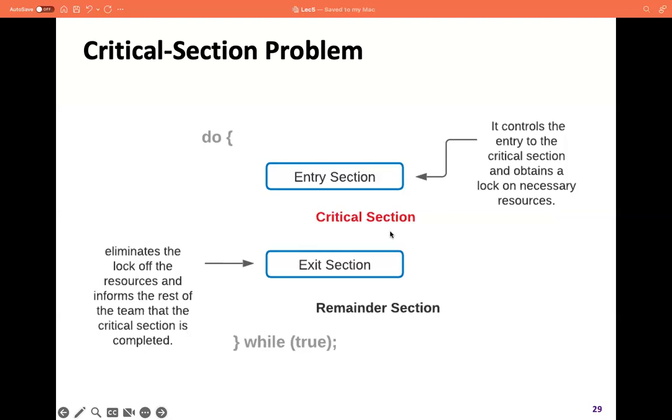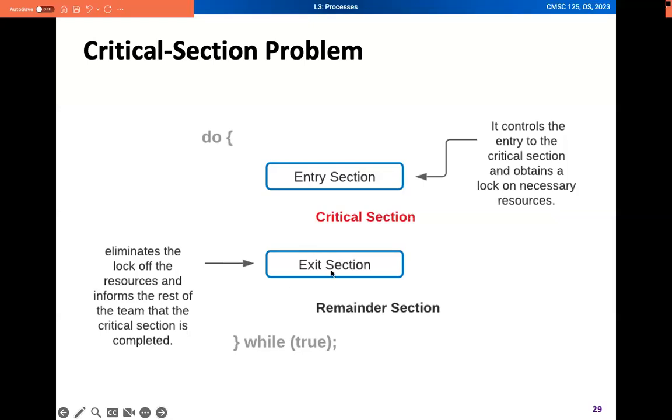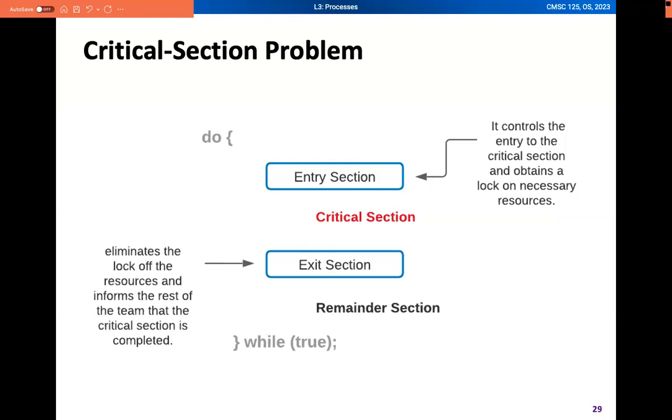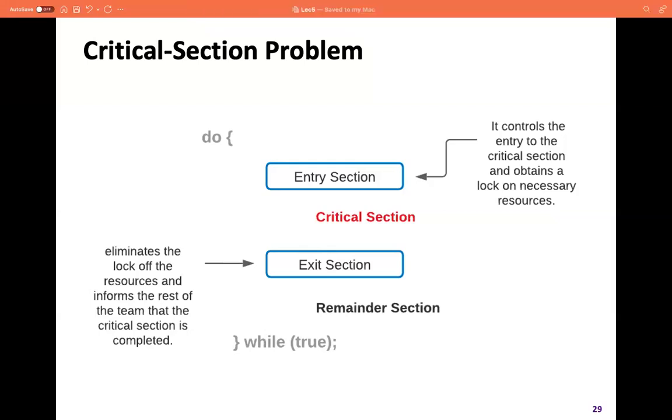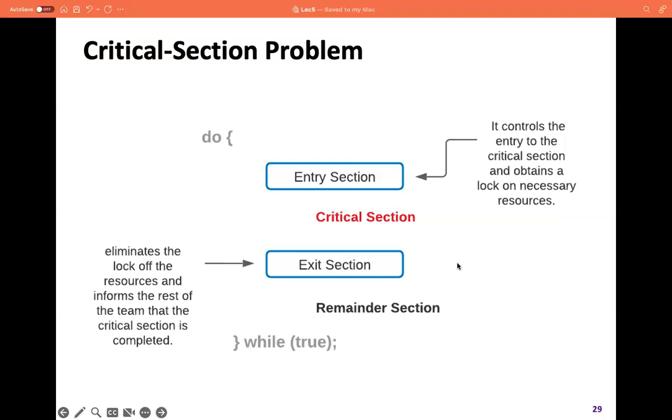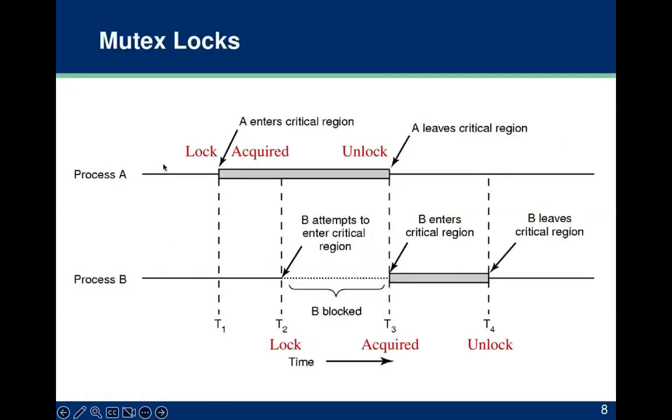Meaning, that shared resource might be used by another process because it has exited. Again, when you are in the critical section, that shared resource will only be used by one specific process and cannot be used by other processes. And that resource can only be used by another process once the other process exits. Right? So this is how we can view it.